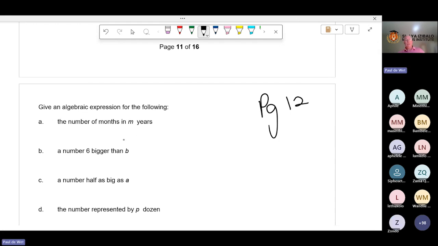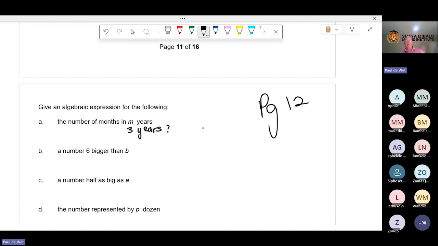How many months will there be in M years? A lot of people struggle with this because they say, well, I don't know what M is. But let's just think, how many months would there be in 3 years?